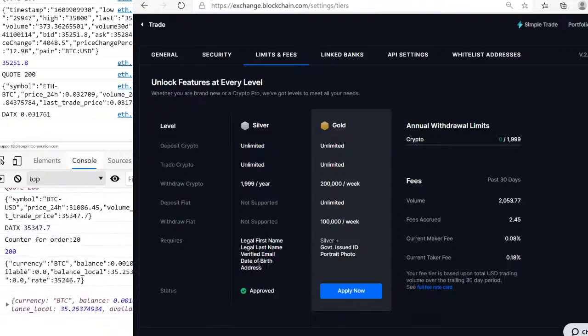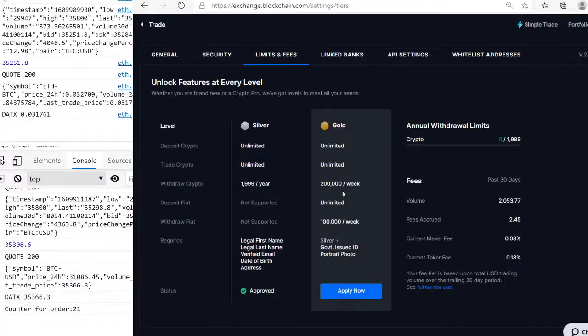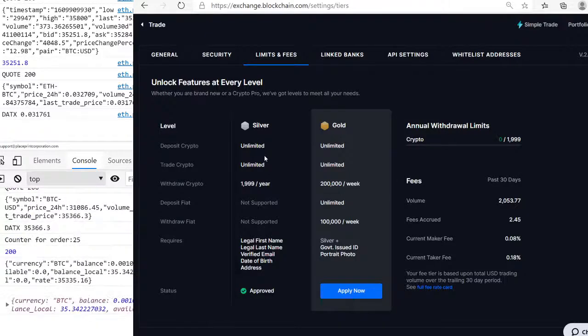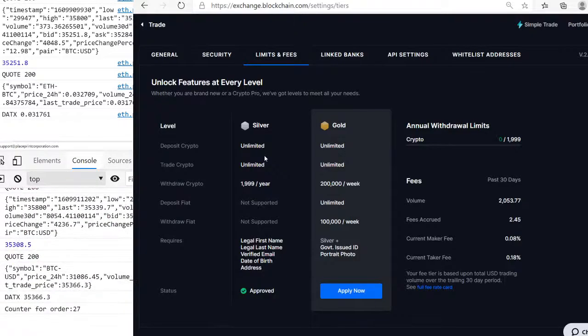And if you want to go to gold, if you're going to withdraw over 20,000, then you'll have to do government stuff and ID and portrait photo, which I just haven't done because this is a demo account. Well, it's not a demo; it's real, but it's more of a testing.